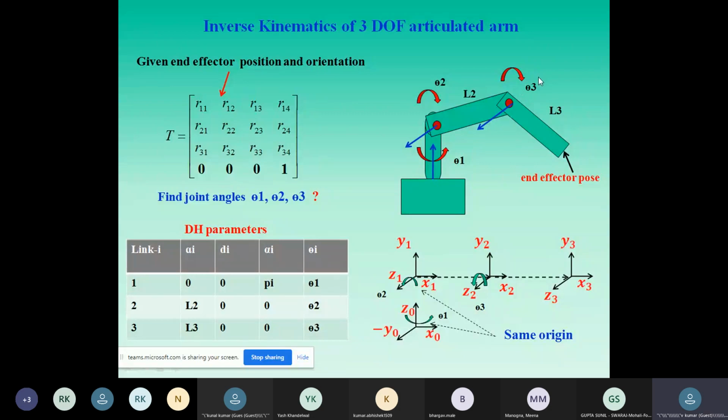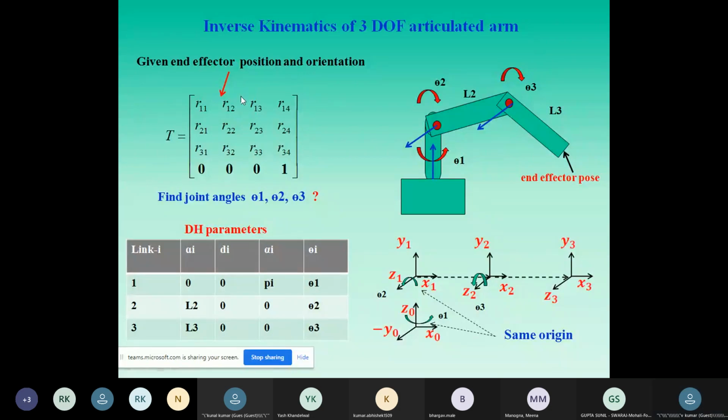Three unknowns. Do you see this manipulator here? Theta 1 and theta 2 axes are perpendicular to each other. The Z direction is upward, and for theta 2 it is out of the plane. Theta 3 is also out of the plane.